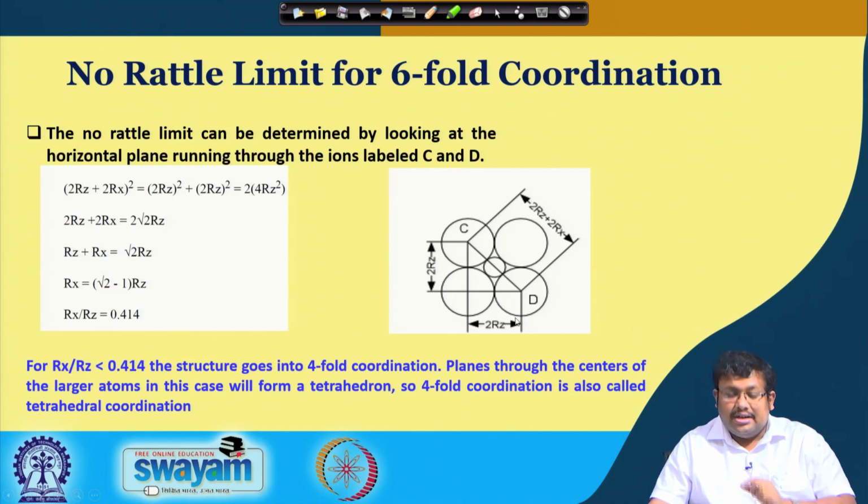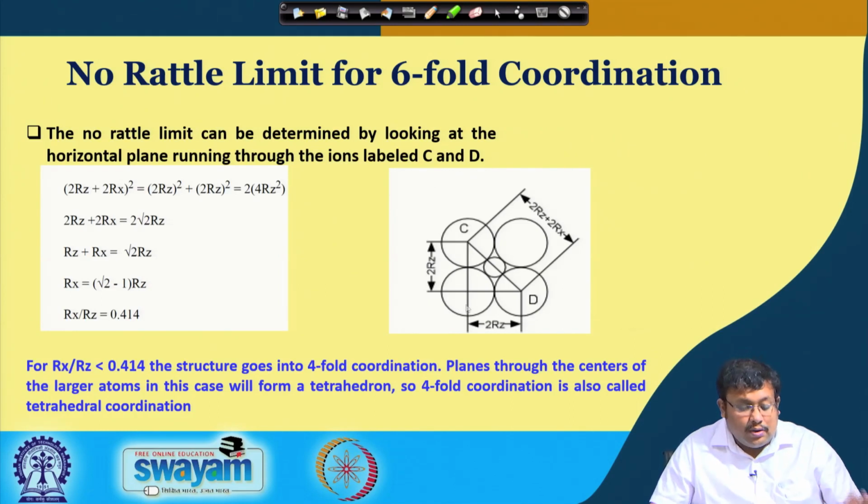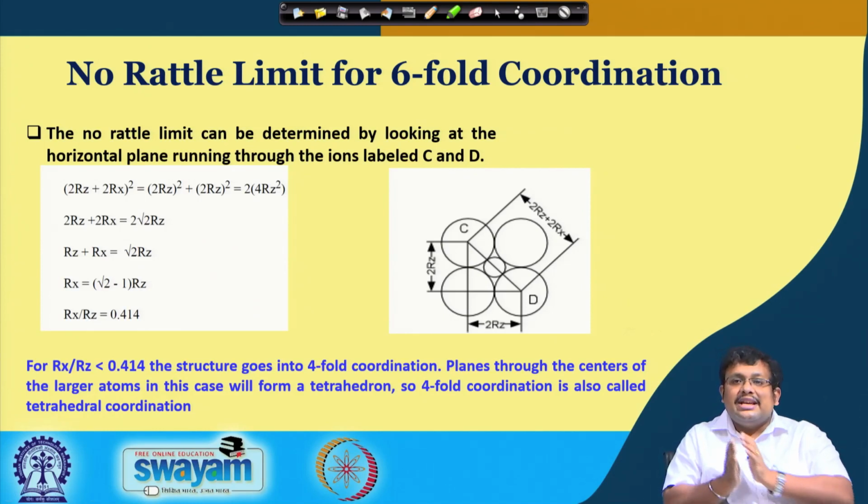Here also the summation of the radii of the anions is 2 Rz, Rz plus Rz. So, basically we will get 2 multiplied by 4 Rz squared. If we simplify this equation, we will get a radius ratio of 0.414. That also shows the no rattle limit for 6-fold coordination.